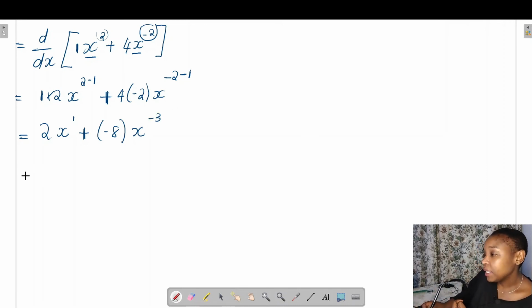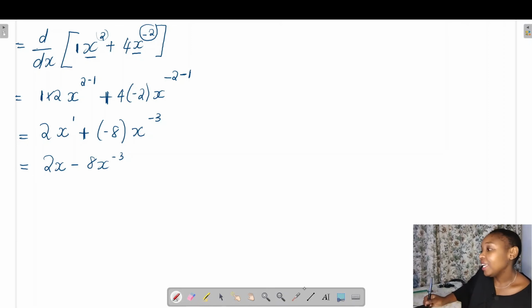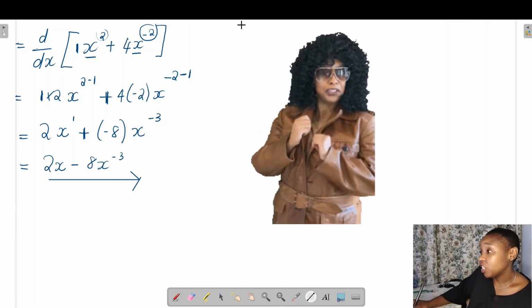Simplifying further, it's 2x plus -8 x to the power of -3. And we have differentiated that equation using the rules of differentiation.